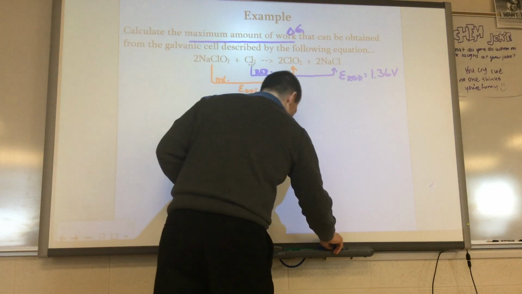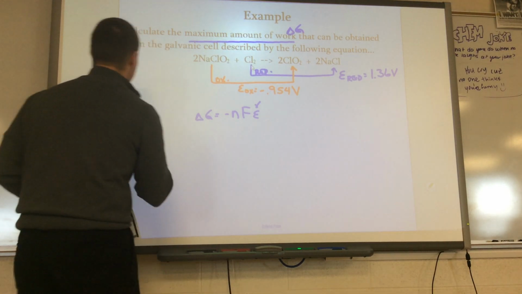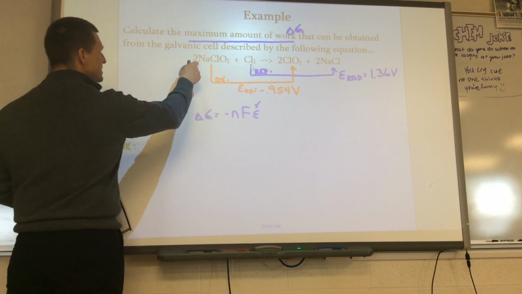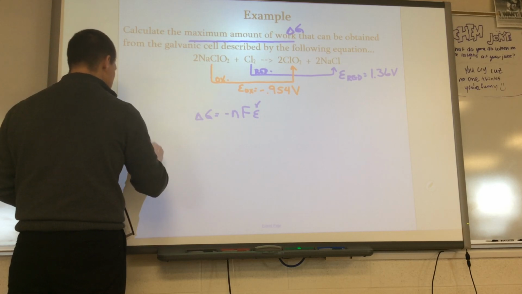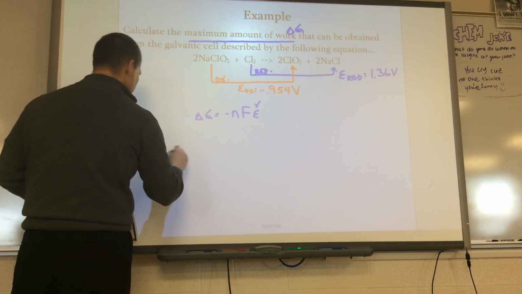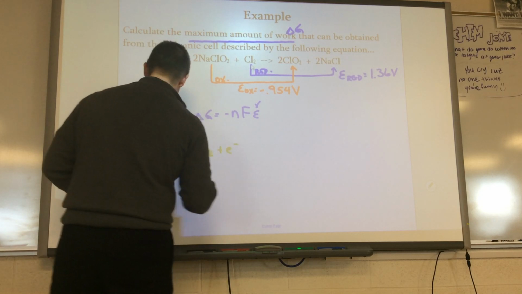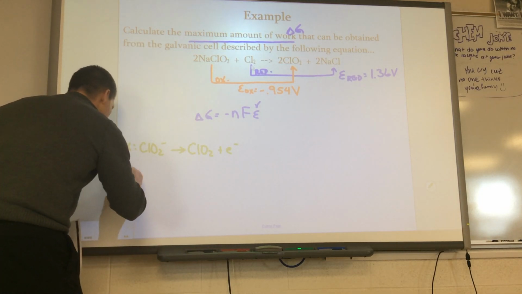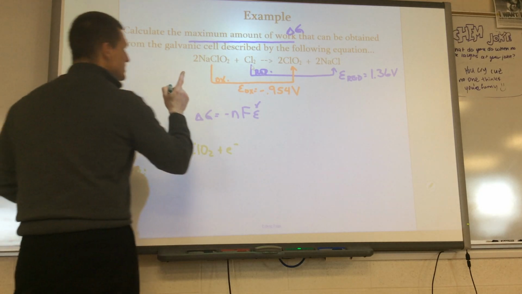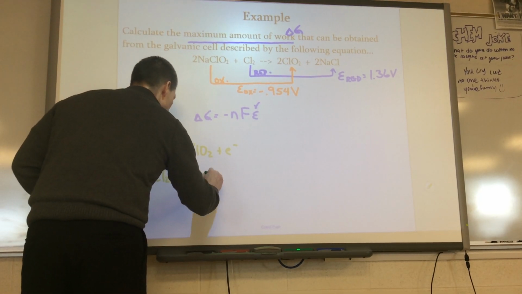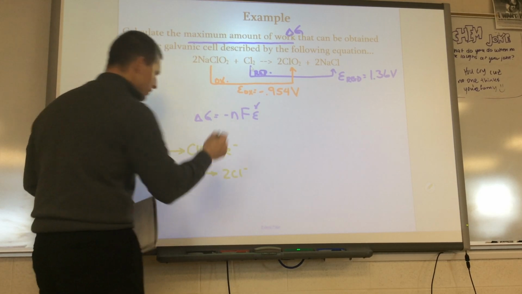Now, I'm just going to take a moment. This doesn't take long. Over to the side, let's take a look at this. Our oxidation was the chlorite, ClO2 negative, giving off an electron. It was making ClO2 plus an electron. And then the reduction was Cl2 plus 2 electrons makes 2 Cl negative. I just took those right off the paper.